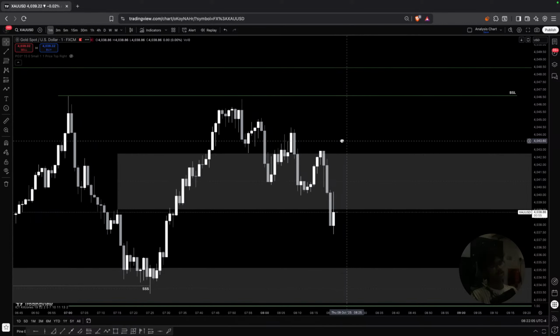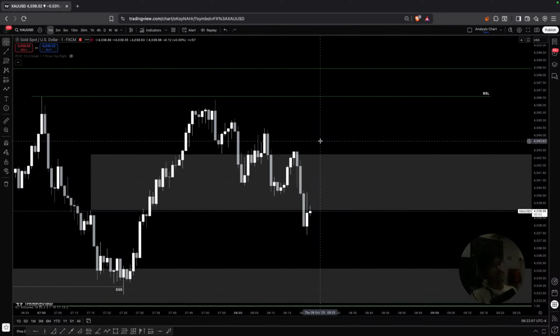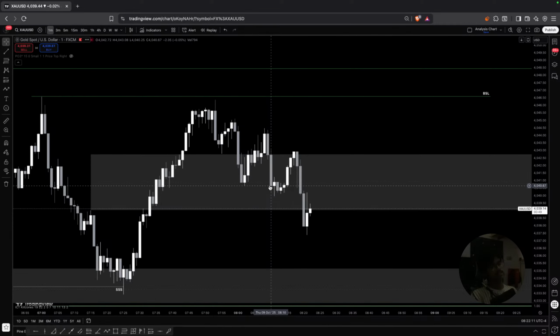Wait for the market to do its own thing. One thing you will see is that whenever this blunt kind of high or low is created, the chances of it being taken out are more.